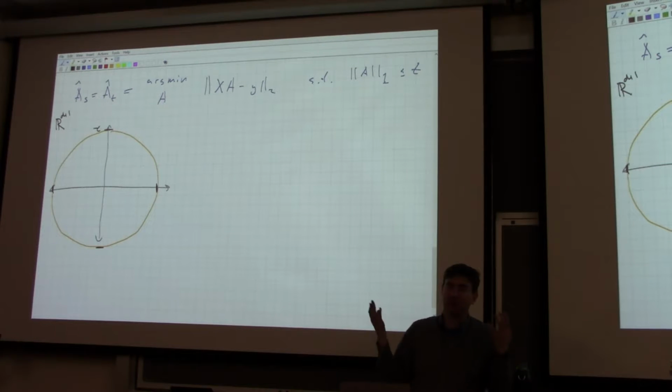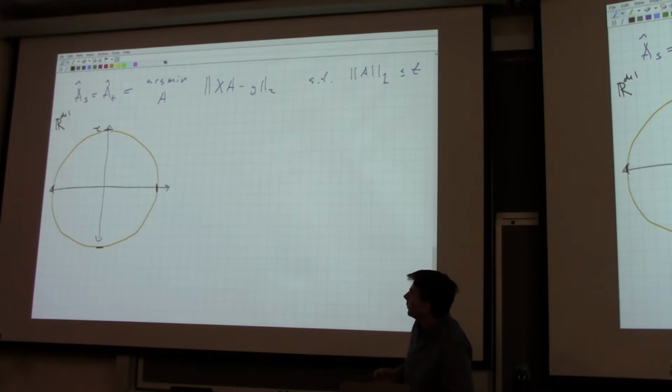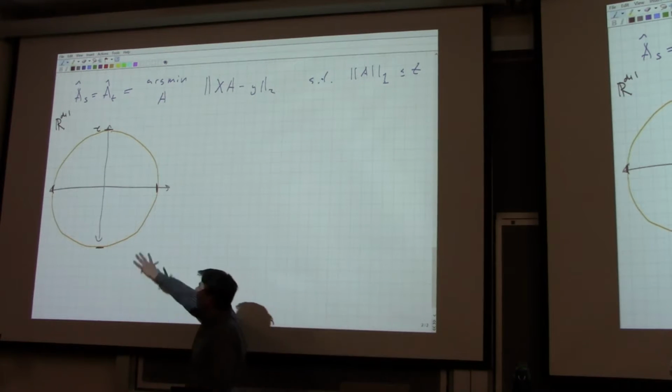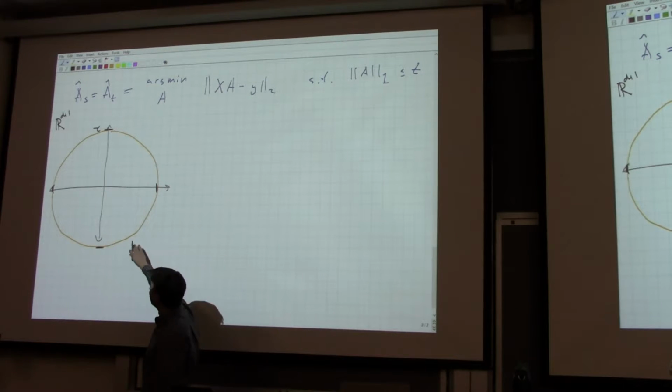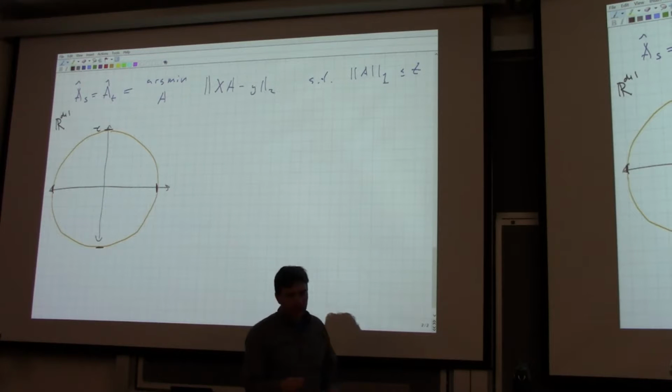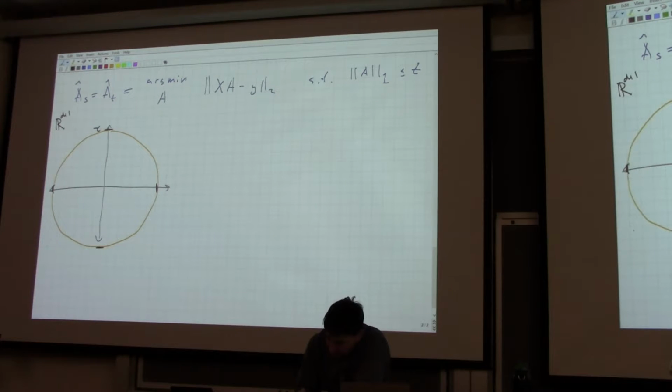In this case, d was 1 because I can only really draw 2 dimensions. But A is a d plus 1 dimensional vector, and I have a restriction that this is an L2 ball. This orange one ensures that the L2 norm of A is less than or equal to t.